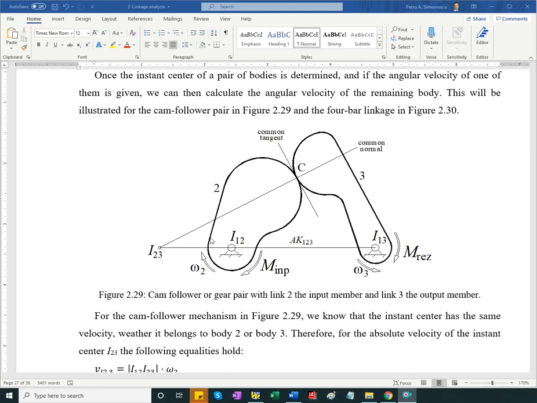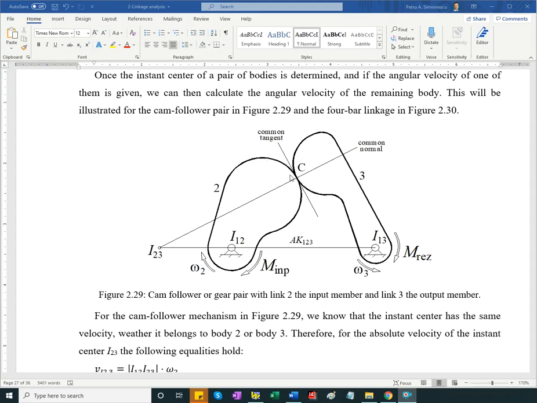So we know how to find the instant center between body 2 and 3. We just extend the common normal and intersect it with the Kennedy line 1, 2, 3, the line that connects the two ground joints, sometimes called the line of centers, at least for gears.